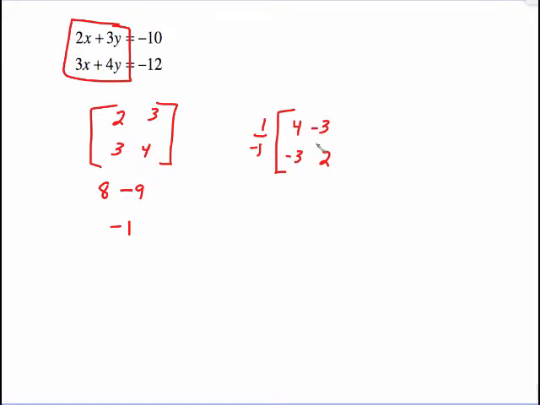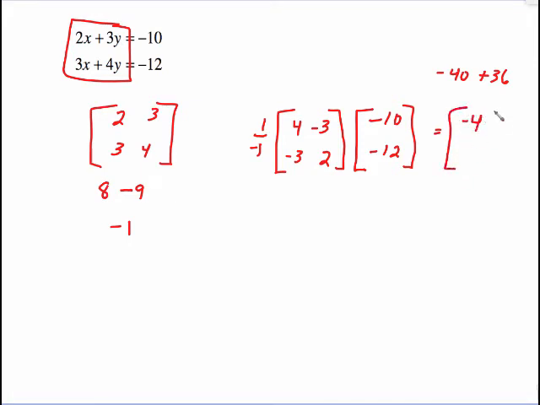This 3 becomes negative. I need to multiply it by the constants, -10, -12. So multiply, 4 times -10 is -40, plus -3 times -12 is 36, which gives me -4 in that position.